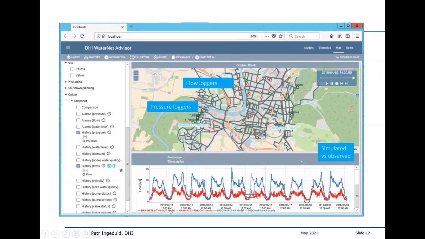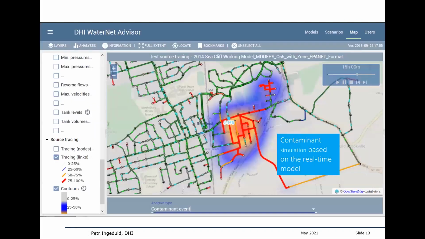One of them will be from the model simulated, and the other one will be from the telemetry, so that it can be used to visually compare simulated with observed. And then we have alarming on top of this. And here is an example of water quality simulation, contaminant spreading based on the real-time model.